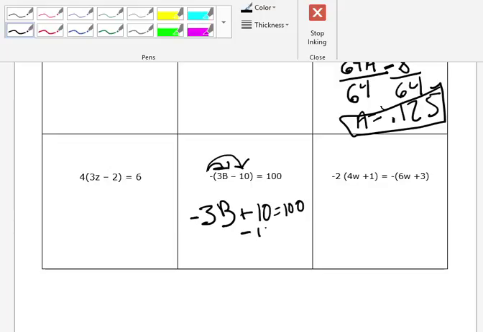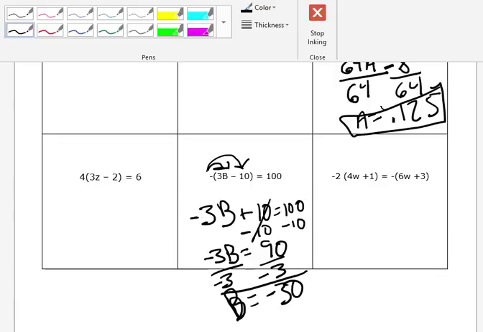I'm going to subtract 10 from both sides. I'm going to get negative 3b equals 90. If I divide both sides by -3, I'm going to get b is equal to negative 30.